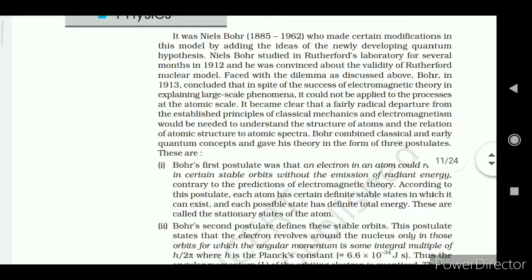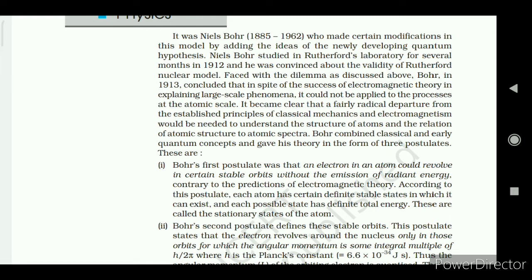where Vn is equal to e upon under root 4 pi epsilon naught m Rn. Combining it with the above equation, we can get Rn is equal to n squared upon m into h upon 2 pi whole square into 4 pi epsilon naught upon e square. The equation depicts that the orbital speed in the nth orbit falls by a factor of n.